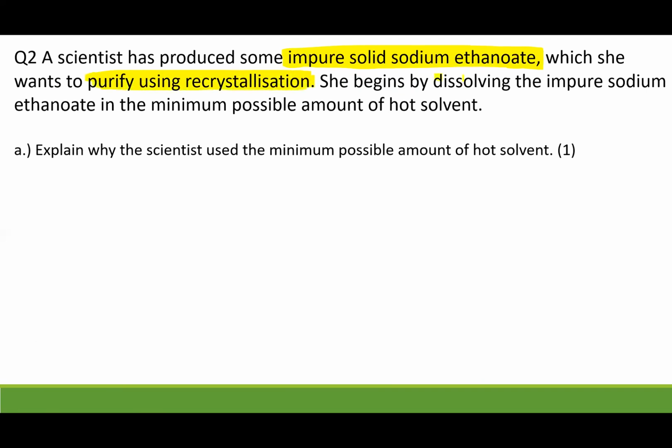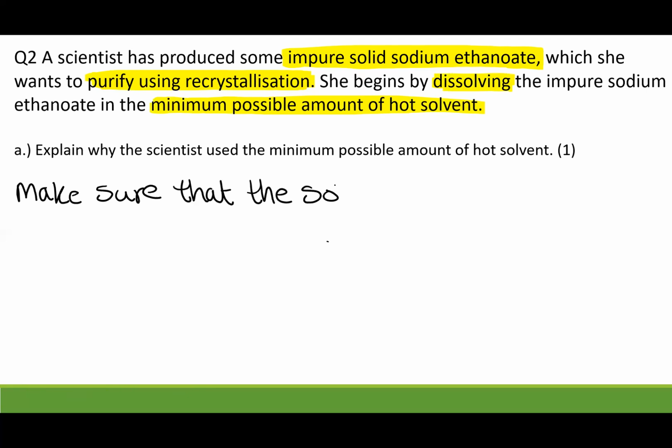She begins by dissolving the impure sodium ethanoate in the minimum possible amount of hot solvent. And the question asks us, why does the scientist use the minimum possible amount of hot solvent? We want to use a minimum amount of hot solvent to make sure that the solution would be saturated.